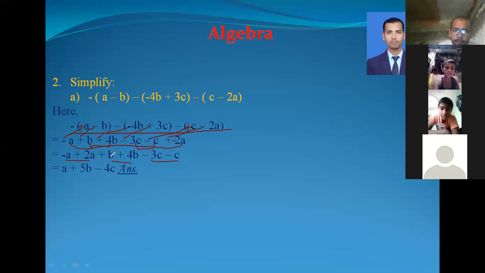Similarly, plus b and plus 4b, altogether 5b, and minus and minus, if the signs are the same, that means the numbers would be added, and the sign which is given there is written, so there is a minus sign, so minus, and 3c plus c, that is 4c. So the answer is a plus 5b minus 4c altogether.